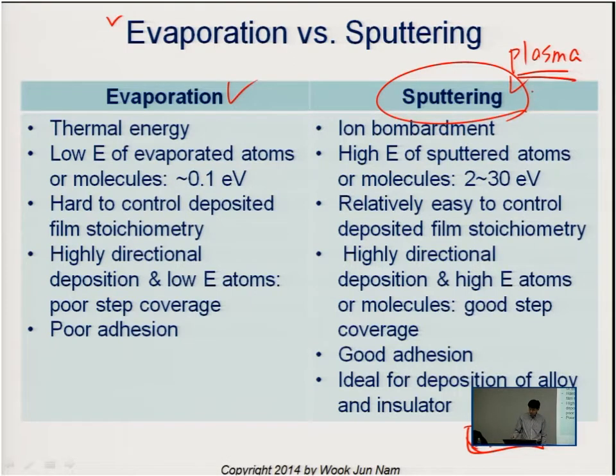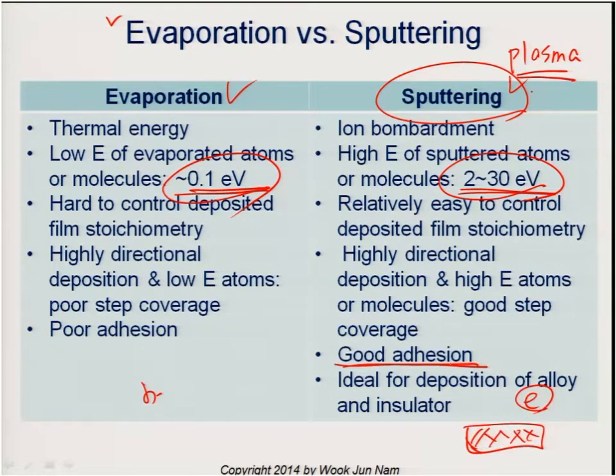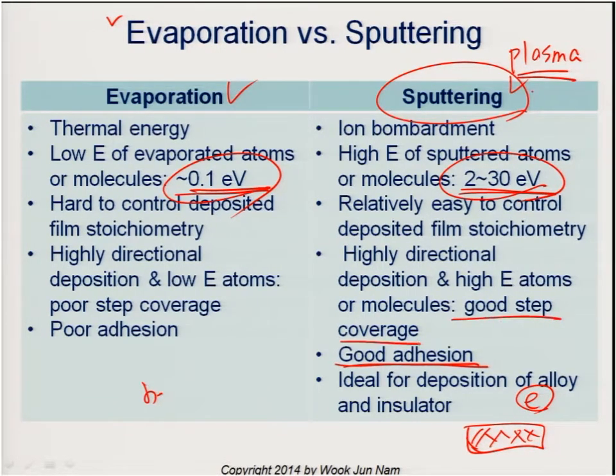Those sputtered target elements have a little more energy compared to evaporated elements. This higher energy contributes to better adhesion, and also to better step coverage, because those atoms have more energy.